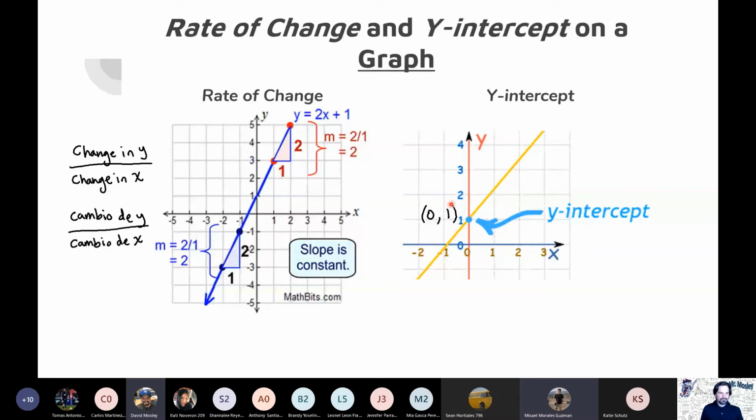Entonces, cuando tenemos unas coordenadas que están entre paréntesis, el valor de x va a ir primero, que en este caso es 0, coma, el valor de y, que en este caso es 1. Así siempre van a ser en las coordenadas. Yep. Okay.